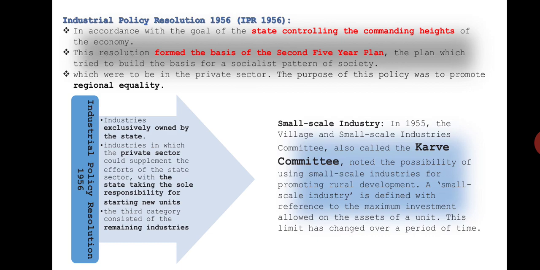Now the role of small scale industry is also very important, because small scale industry creates employment generation and needs protection from big firms. The government took some steps. The government set up a committee in 1955 for village and small scale industry, known as the Karve committee, for the development of small scale industry.